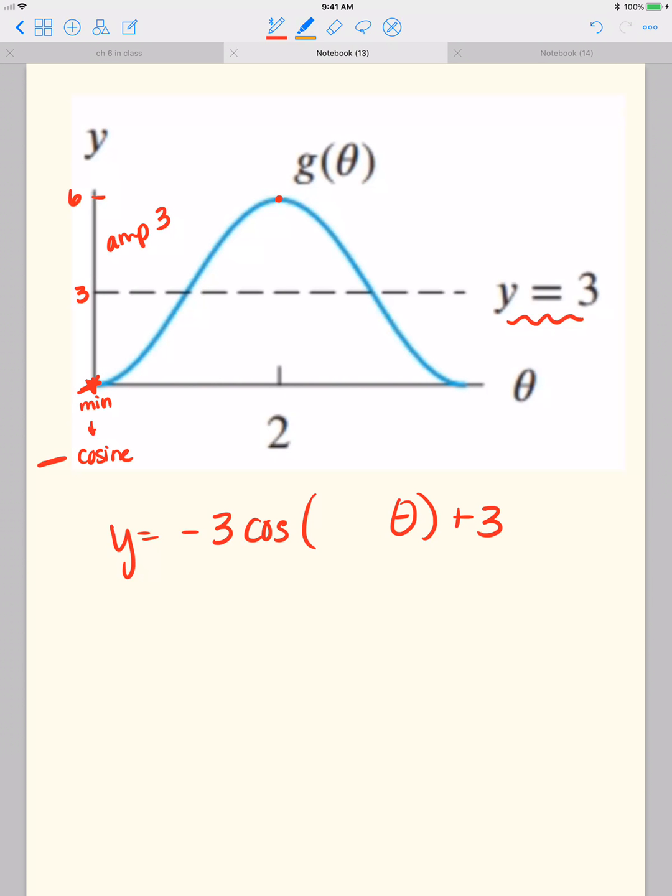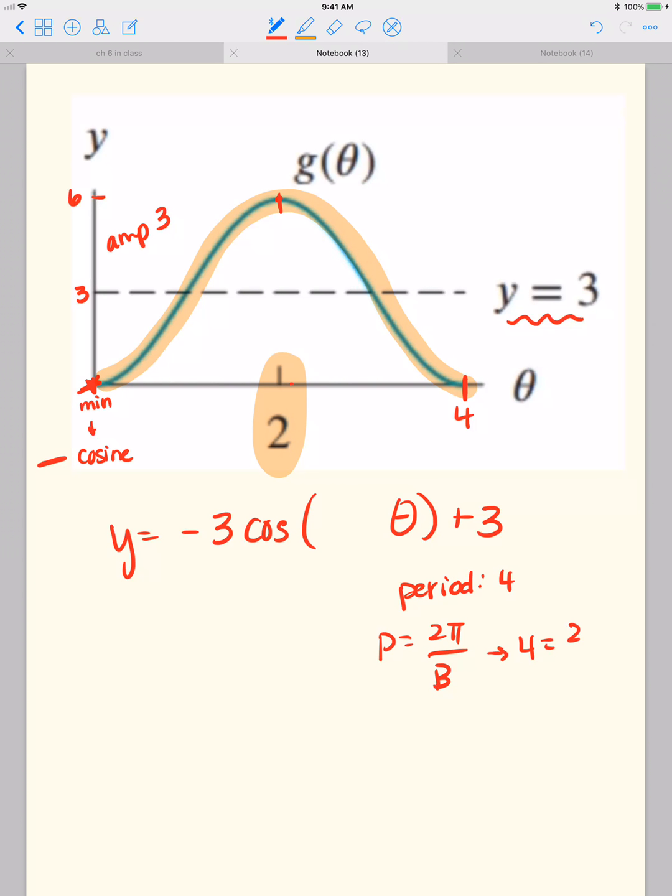So for this one, a full cycle is shown, but you're only given the value halfway through it. So if the maximum occurs at 2, it's safe because it's symmetrical, then the period will continue to be 4. So if the period is 4, then we can come up with the B value to put in our equation.